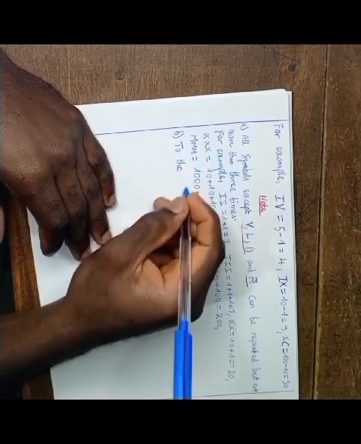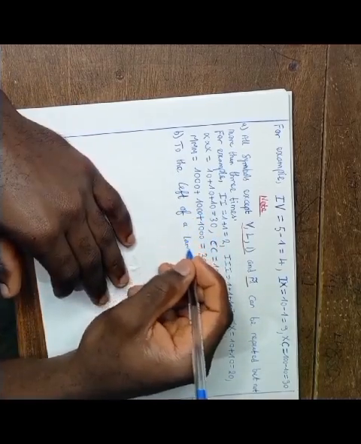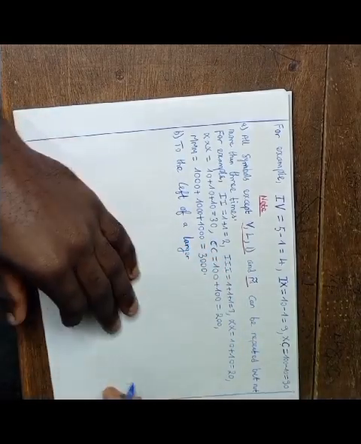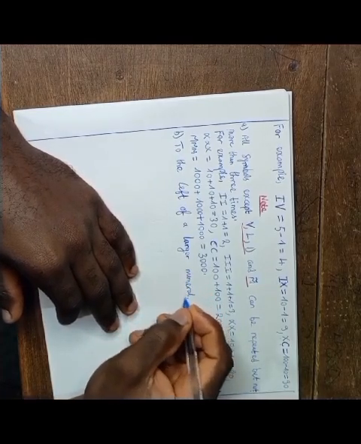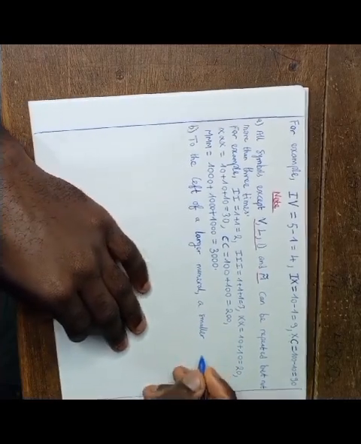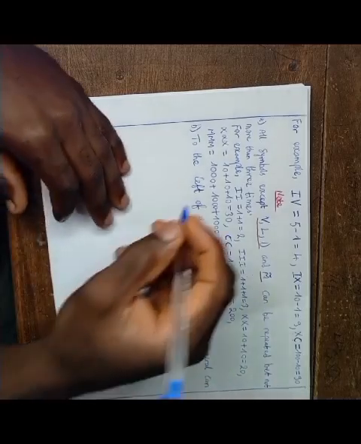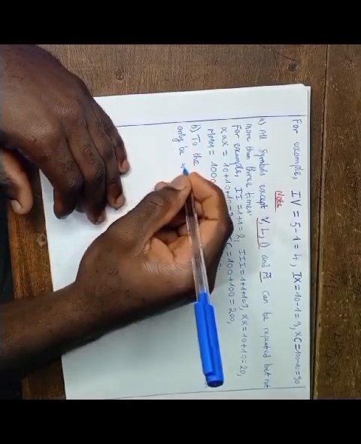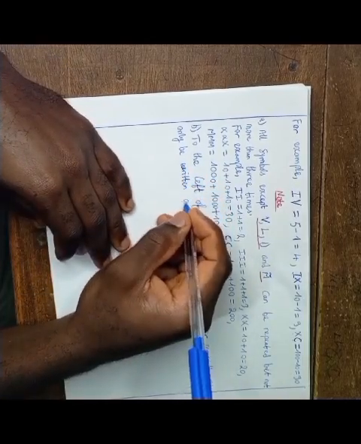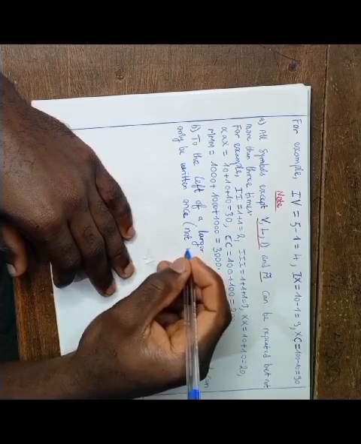A smaller numeral to the left of a larger numeral can only be written once, means only one time, once in bracket, not repeated.